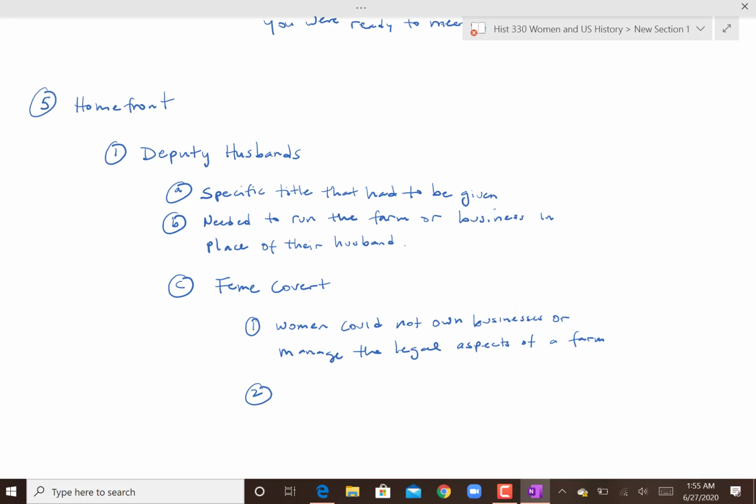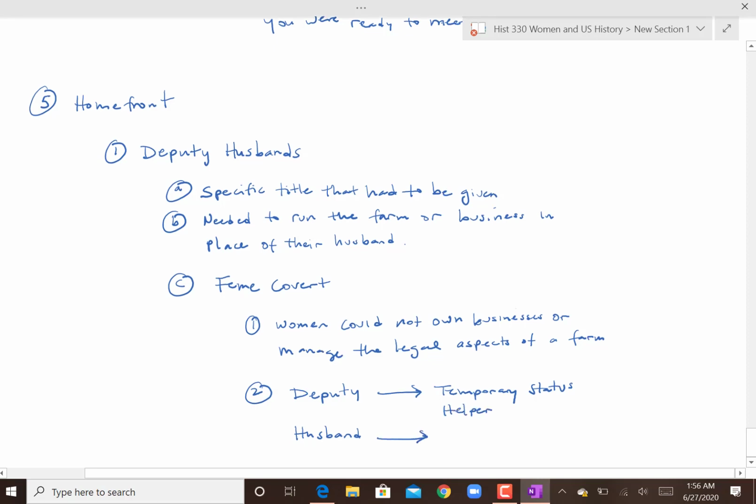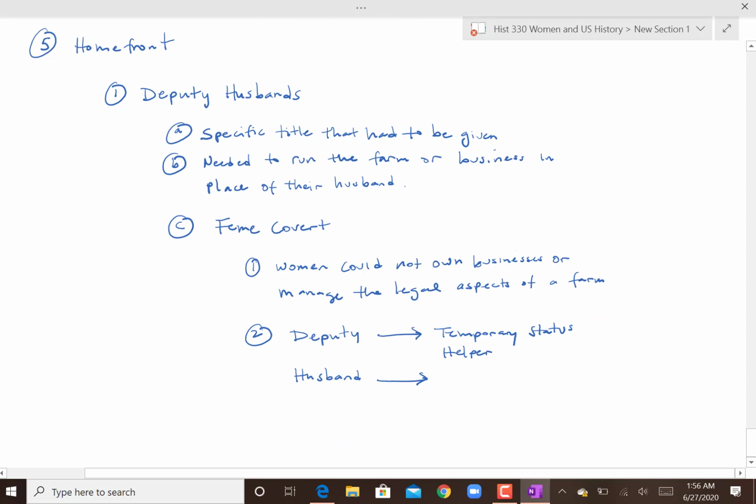And so they created this official legal term that's broken up into two parts, right? You have deputy, and then you have husband. And the deputy was meant to be the temporary status, and also a helper, right? So the deputy is not the sheriff, they're the helper of the sheriff.